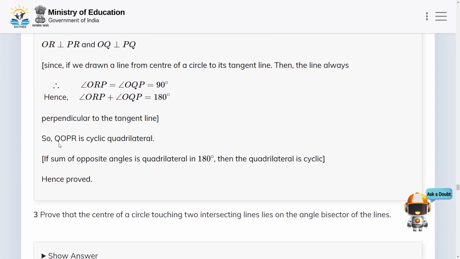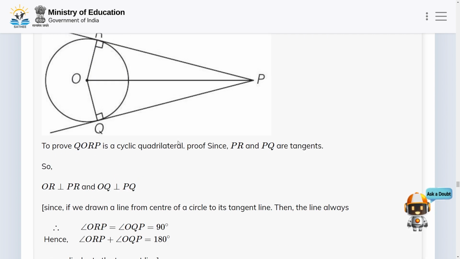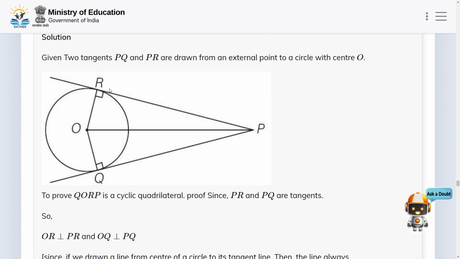So quadrilateral QOPR is a cyclic quadrilateral, since if the sum of opposite angles of a quadrilateral is 180 degrees, then the quadrilateral is cyclic. Here the sum of angles ORP plus OQP is equal to 180 degrees. The sum of these opposite two angles of this quadrilateral is 180 degrees. Therefore this quadrilateral QORP is a cyclic quadrilateral.